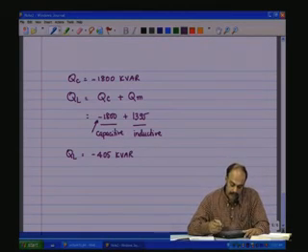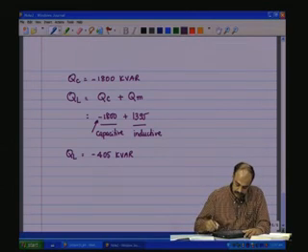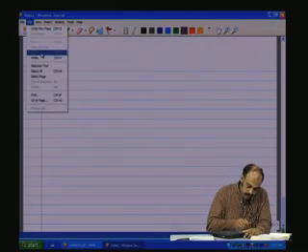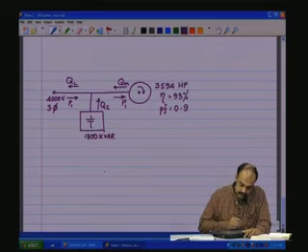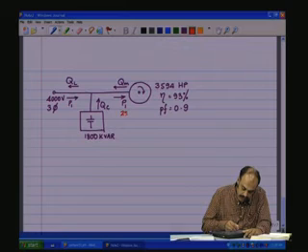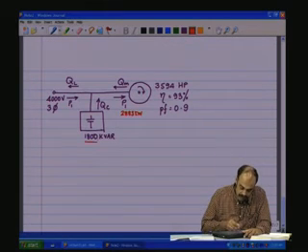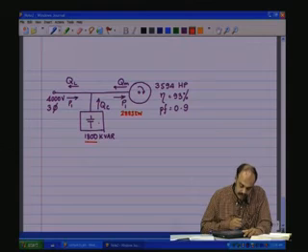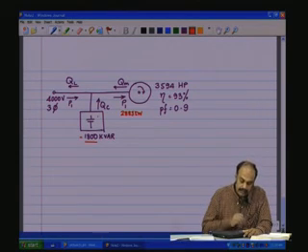Interestingly, in this whole scheme of things, this is 2883 kilowatts, and this is minus 1800 kVAR, minus because capacitive.